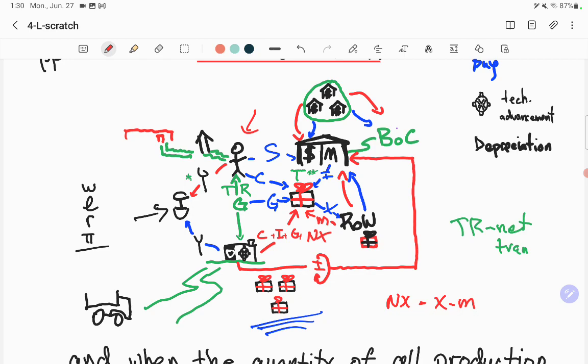So C plus I plus G plus NX, where NX is X minus M. That gives us the value of all goods and services produced in the economy that have been bought in a year. And what should happen is that the size of the gift should equal the size of the shovel.